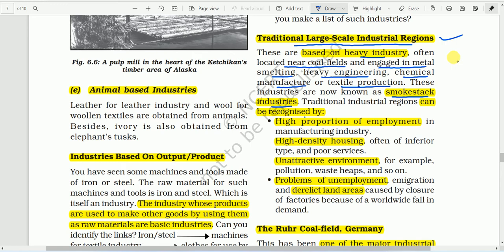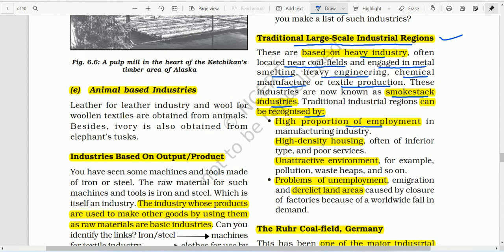Let us read this area. Traditional industrial regions can be recognized by a high proportion of employment in manufacturing industry. So there is a high proportion of employment, that is, large numbers of workers are employed.